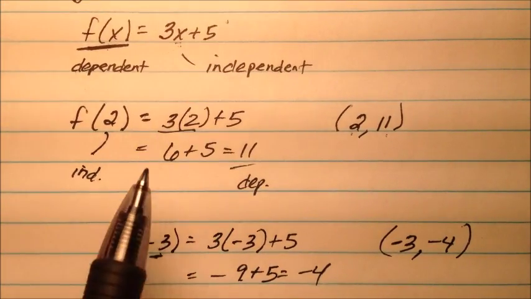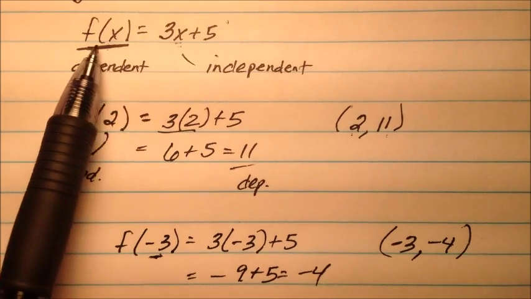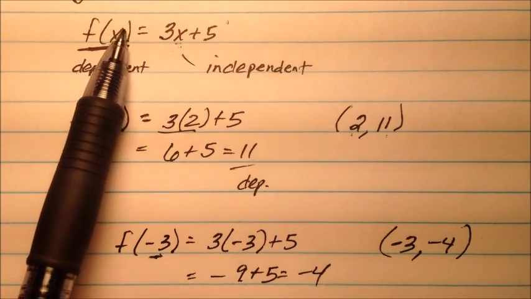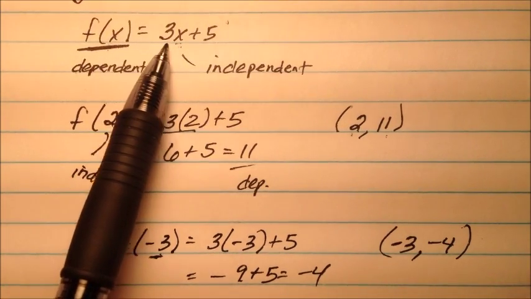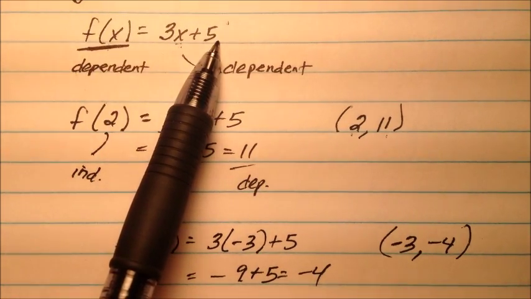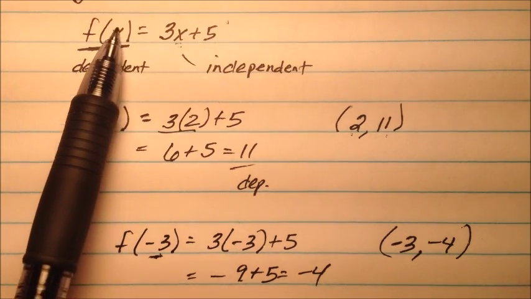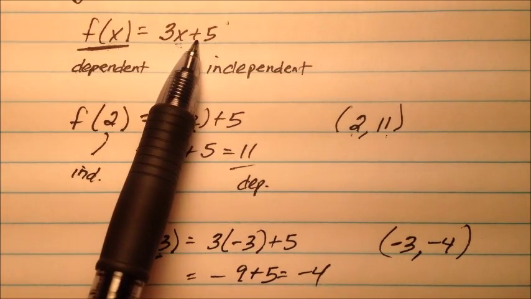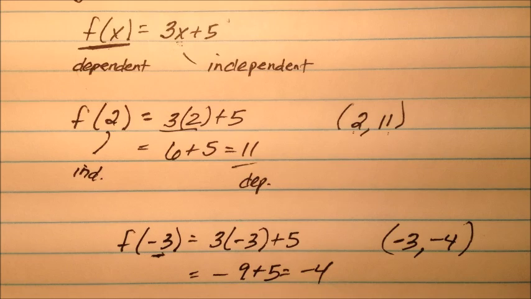So we have this function definition, f of x, in which f names the function, and x tells the independent variable, and it equals 3x plus 5. So anytime we want to substitute a value for our independent variable, we place it here, saying that we're going to replace x, and then we replace x over here as well, just like we've been doing.